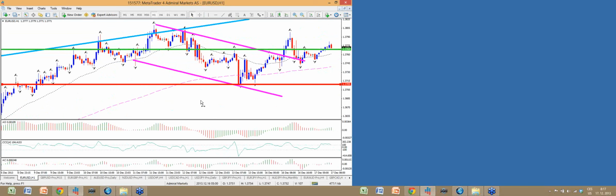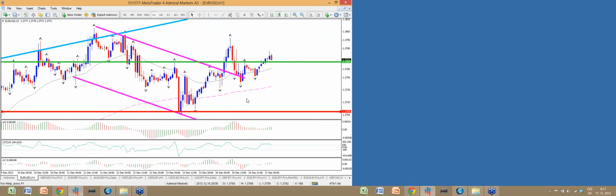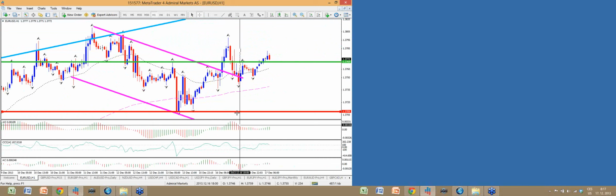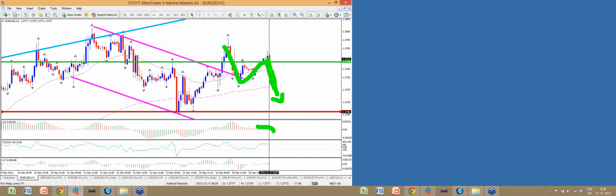Let's zoom in a bit more. It looks like the oscillator is getting back to the zero line here. Once it has done that, this retracement is probably finished.